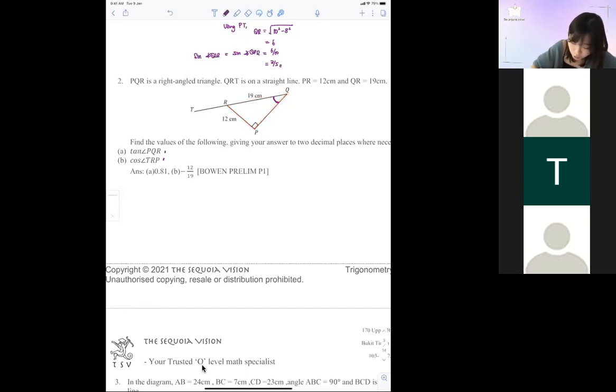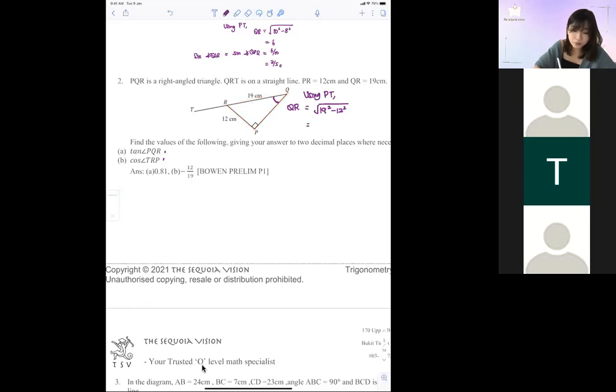So we must find the adjacent first. To find QR, again, we use Pythagoras theorem. So QR is square root of hypo square minus opposite square. Try to key this in the calculator. If you see decimal, you only key inside the square root.